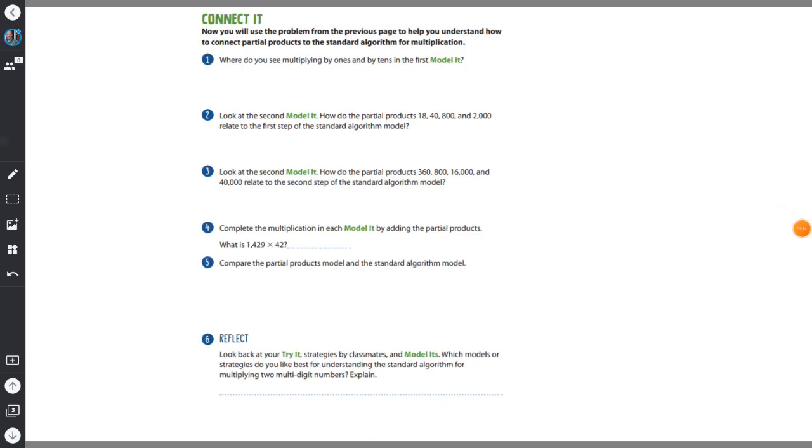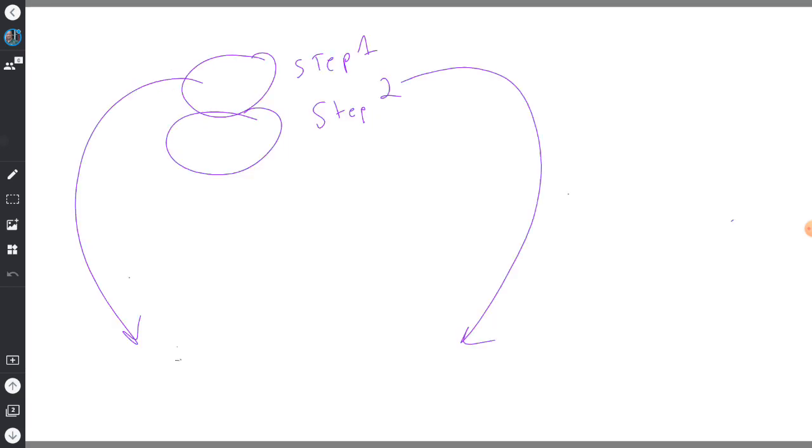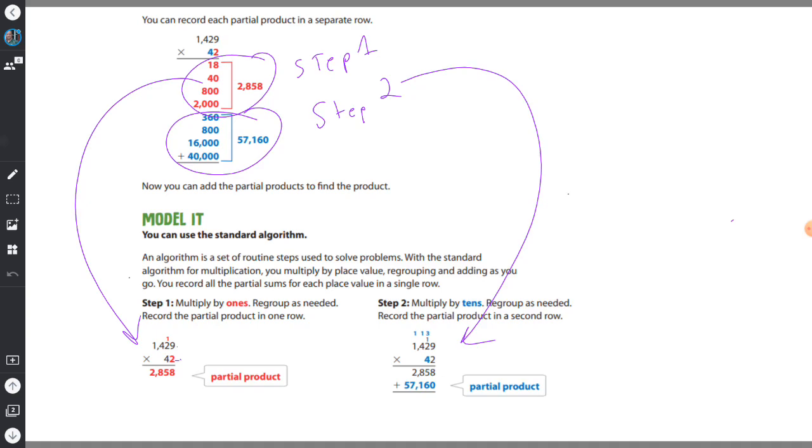What they're trying to show you, at least on page 67 in your book, is this: where do you see multiplying by 1s and by 10s in the first model? If you look at the model, where are we multiplying by 1s? The red part.